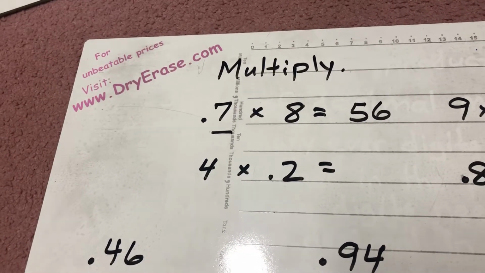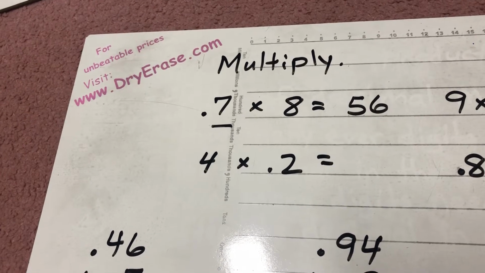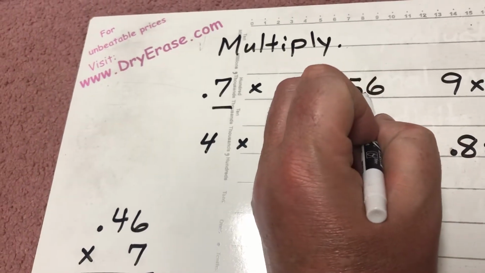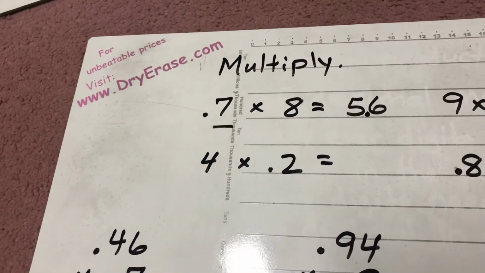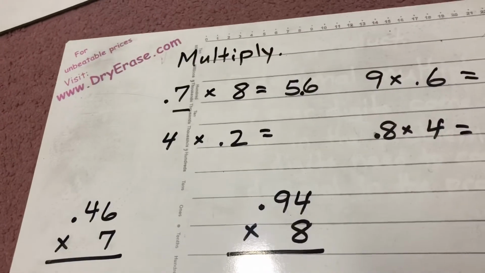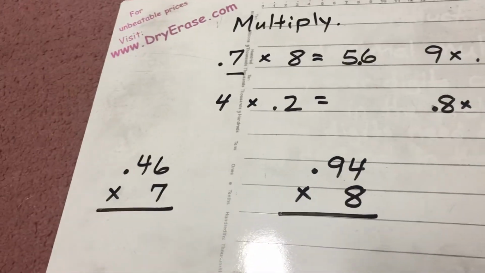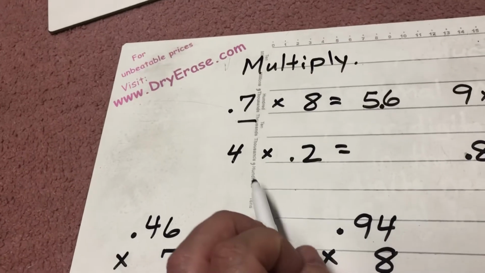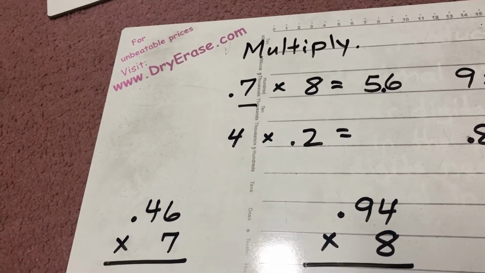Okay? And so I'm thinking to myself, well, okay, that's going to be 5.6. All right? Pretty straightforward.